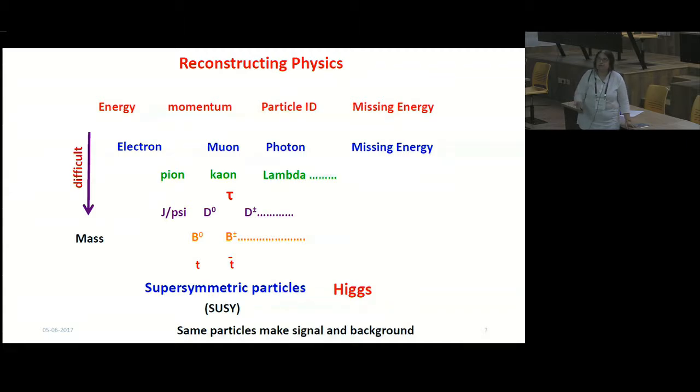And from that we can identify these particles, the electrons, muons, photons, and this of course denotes the neutrals. And then the difficulty level increases as we go and reconstruct more and more composite particles. So after this line come the various mesons and the baryons, the pi and the K and the lambda, etc. And then even heavier and more difficult to detect particles.